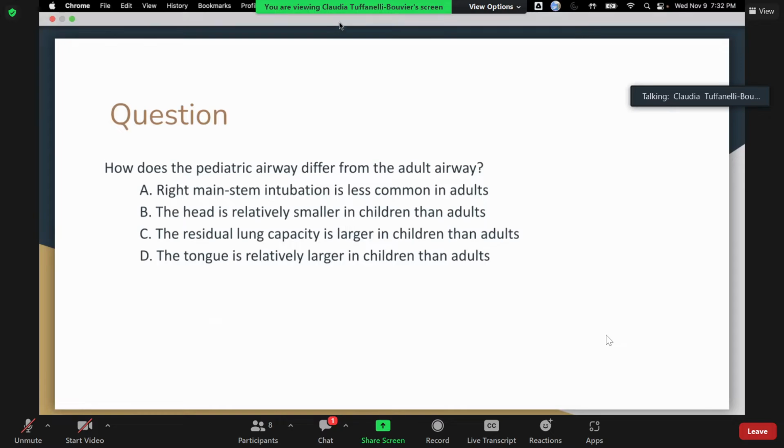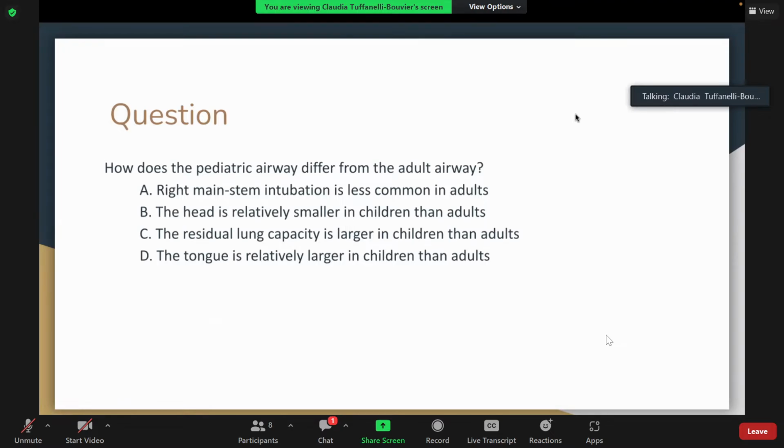I see somebody did a chat. Just agree, because in pediatrics they have bigger heads than the others, and they have smaller residual lung capacity than the others.